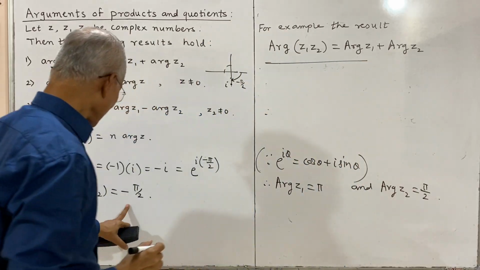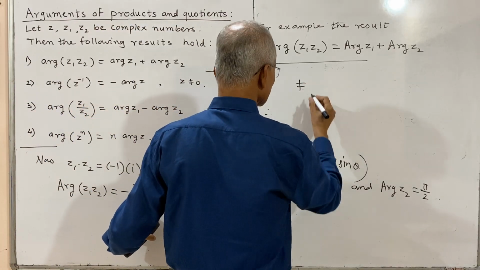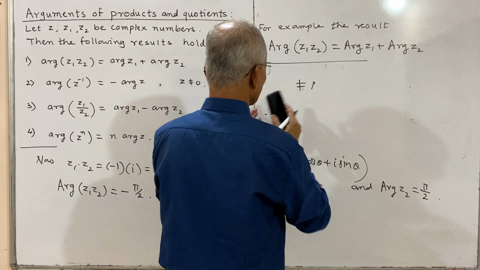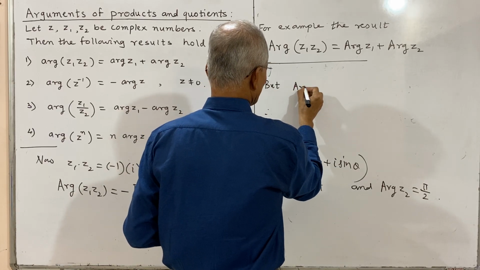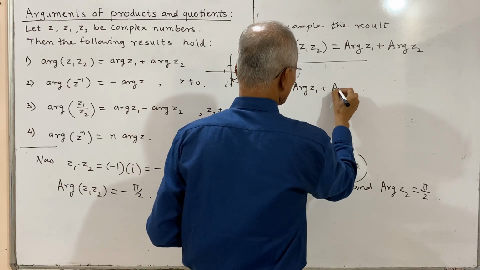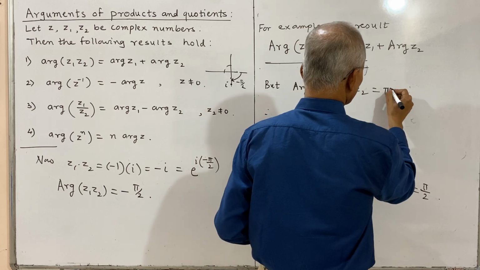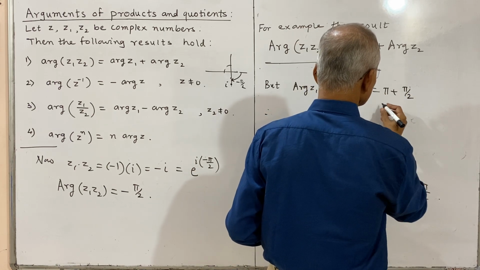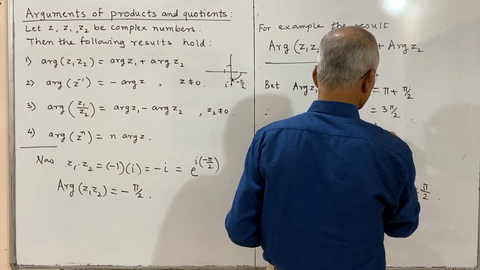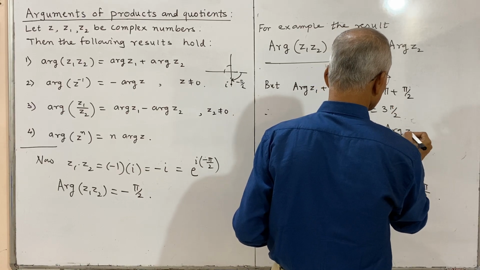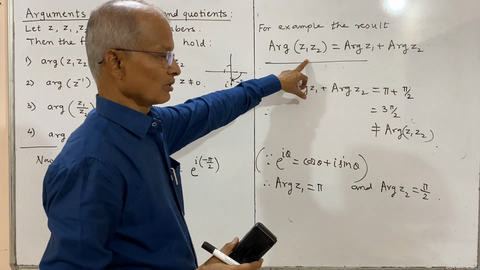Argument z1 plus argument z2 is pi plus pi by 2, which is 3 pi by 2, and this is not equal to the principal argument of z1 z2, and thus the result does not hold.